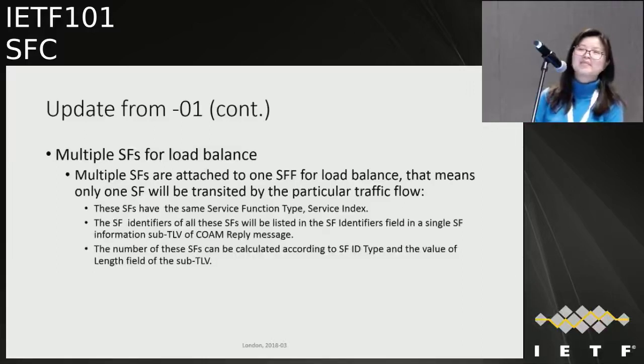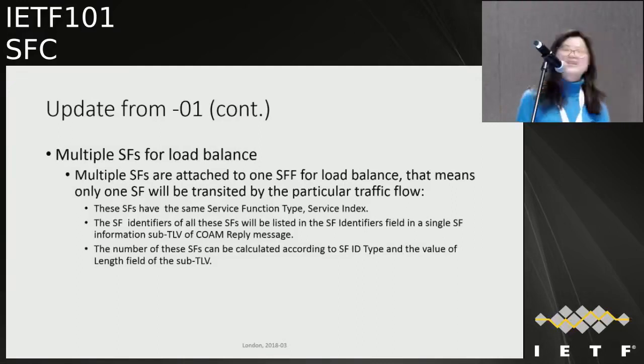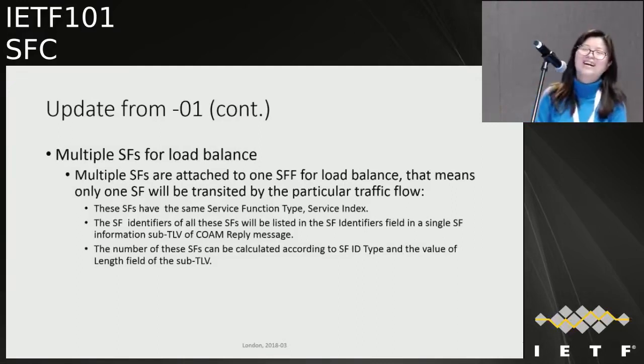Kyle Rose, Sandvine, and maybe this is covered on the next slide, but are we actually carrying the identifier of every SF that could be reached on that hop? So suppose that you're load balancing to 100 SF instances. In particular, if you're doing load balancing across SFFs, which is also allowed, then you're only going to hit one of those SFFs and you're not going to report all of the SFFs.